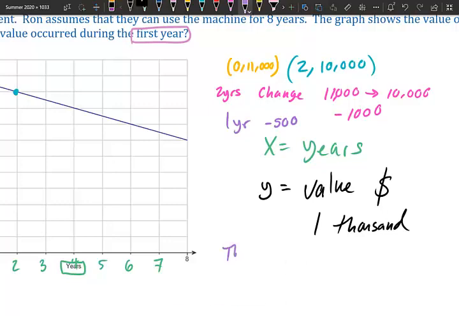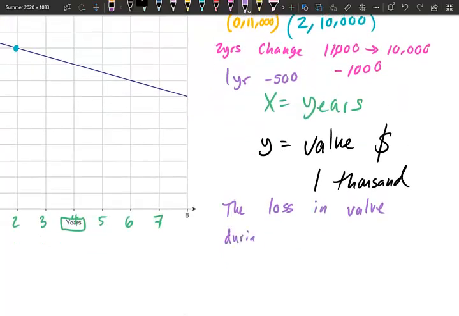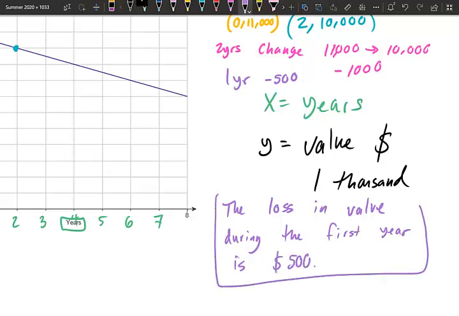So the loss in value during the first year is $500. And the reason why we write it in words is because it's asked in words.